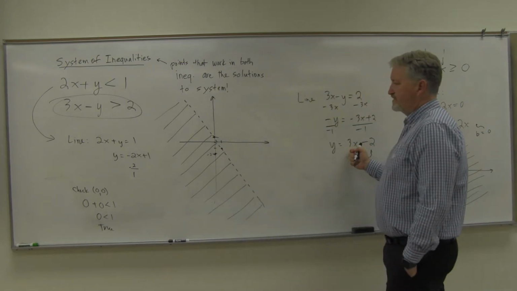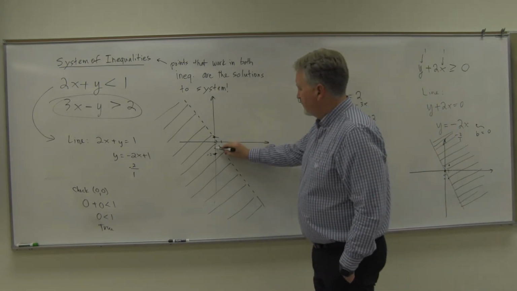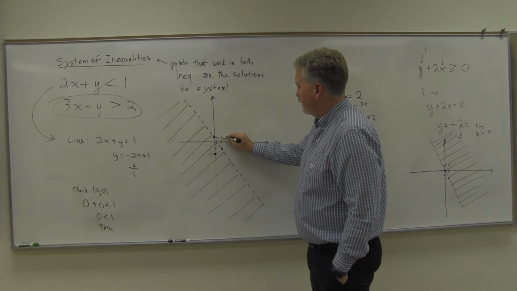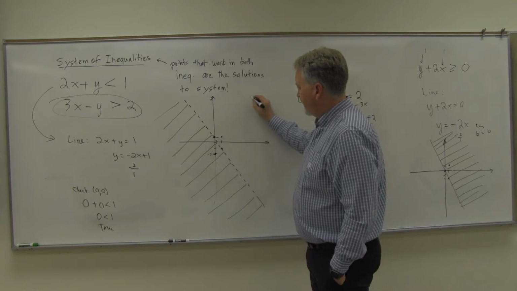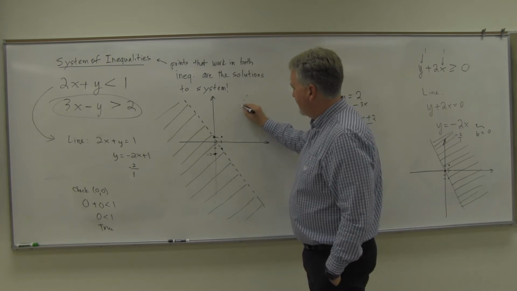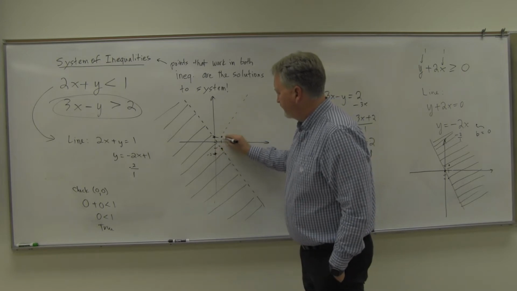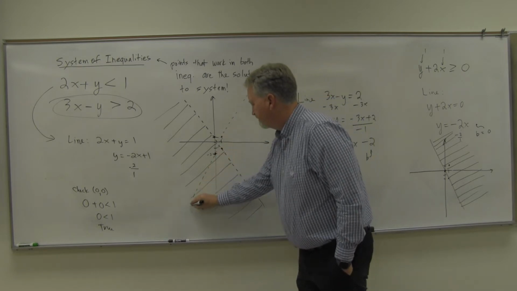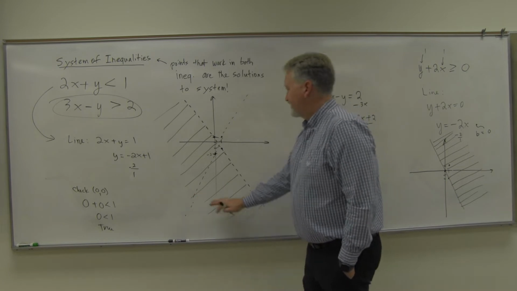And its slope is 3, so that goes up 3 over 1. And so, yeah, it kind of makes an X there with that one. And it's dotted also. So yeah, it does get kind of messy.